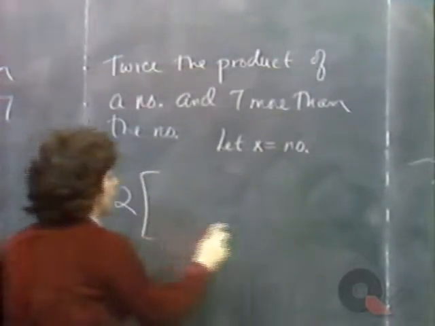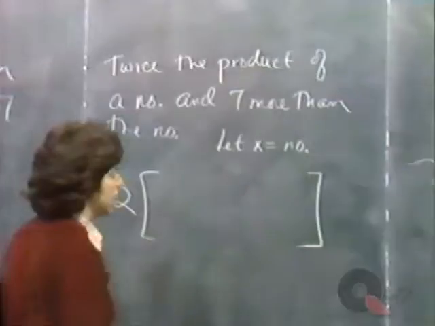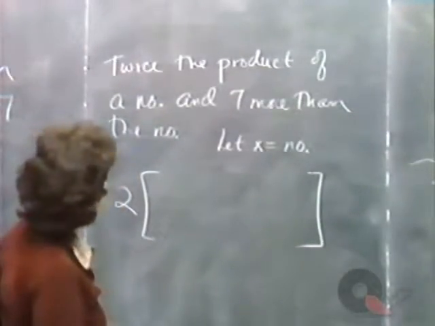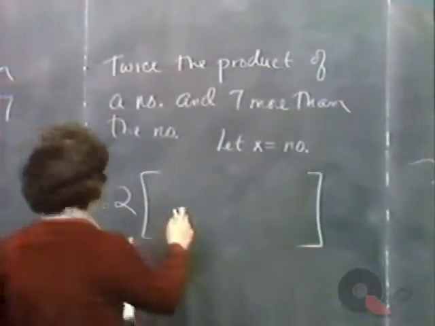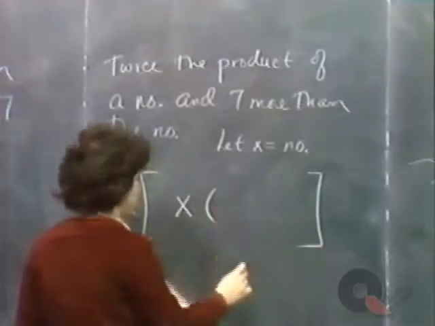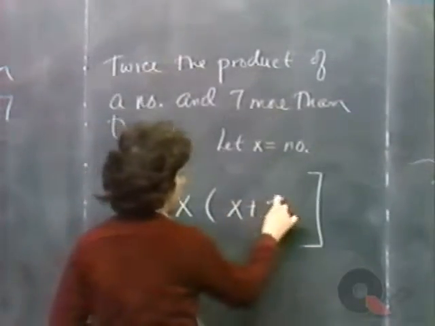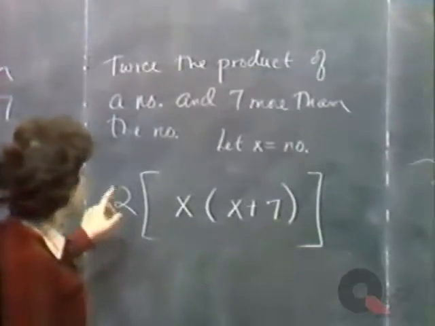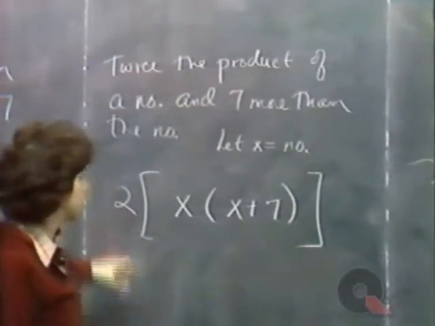Twice the product of a number and 7 more than the number. Okay, the number is x, and then 7 more than the number is x plus 7. 2 times, twice.